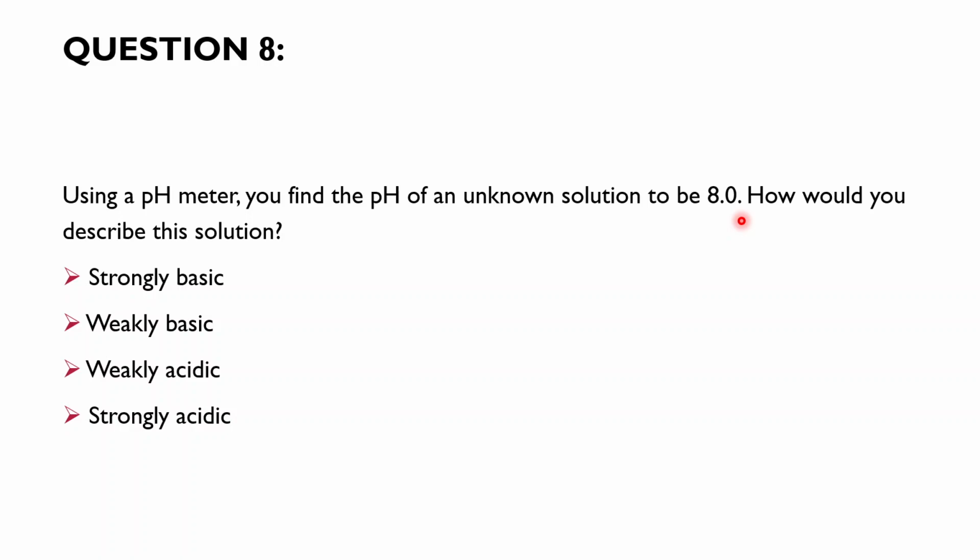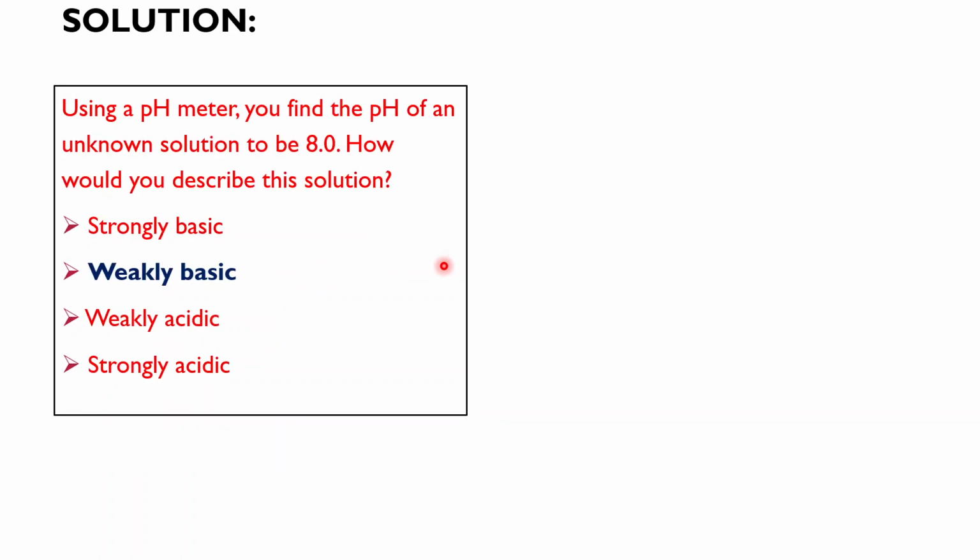So 8 is above 7, and since it's not very far away from 7, it must be weakly basic, right? A couple of you have already answered in the chat box that the option must be B. Yes, so the right option is weakly basic. Now let's move on to the next question.